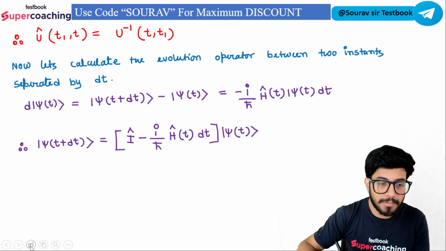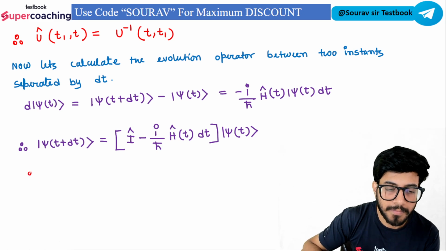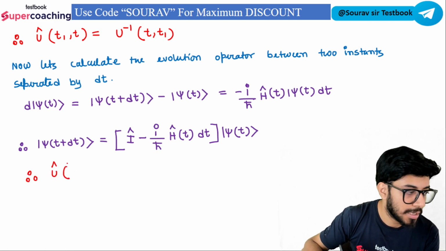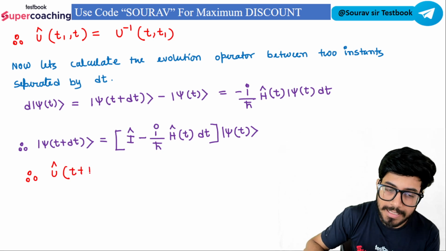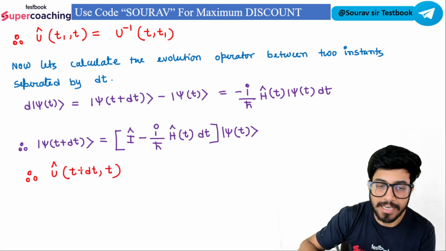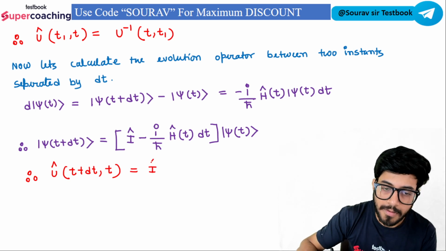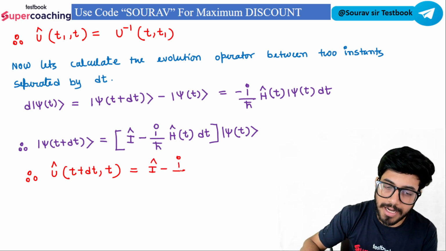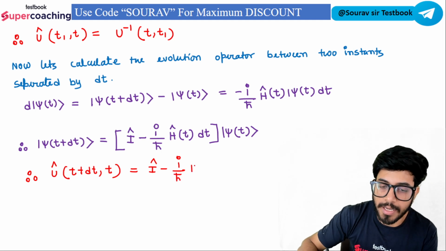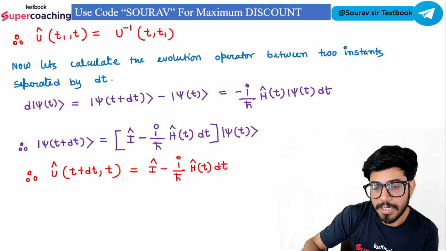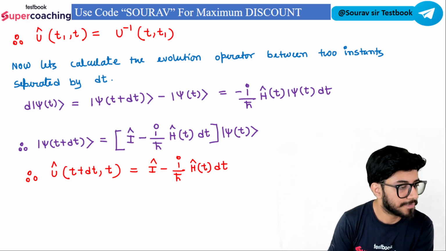So therefore, u cap of t plus dt to t, T से t plus dt जाने के लिए जो operator, that is actually your I cap minus i by h cut h cap of t dt, that I can write.